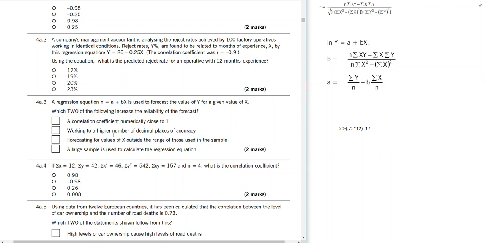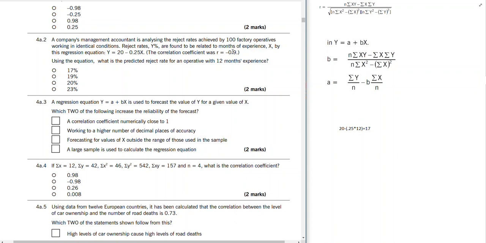Next, working to a higher number of decimal places of accuracy. This also seems correct, but when A and D are present, then this is less correct. Let's look at A, a correlation coefficient numerically close to 1. The closer the value is to 1, the more reliable it is going to be.